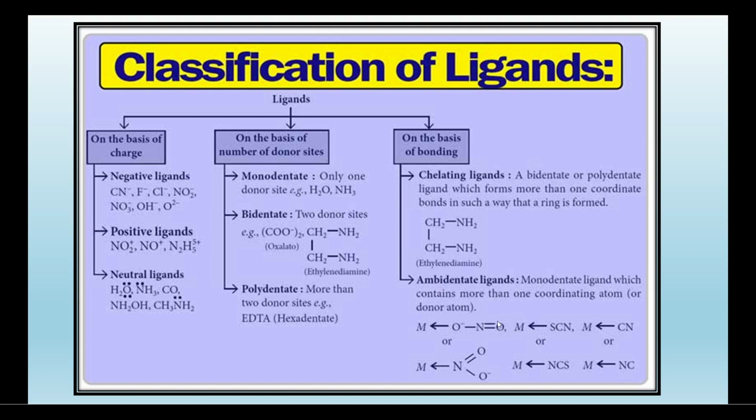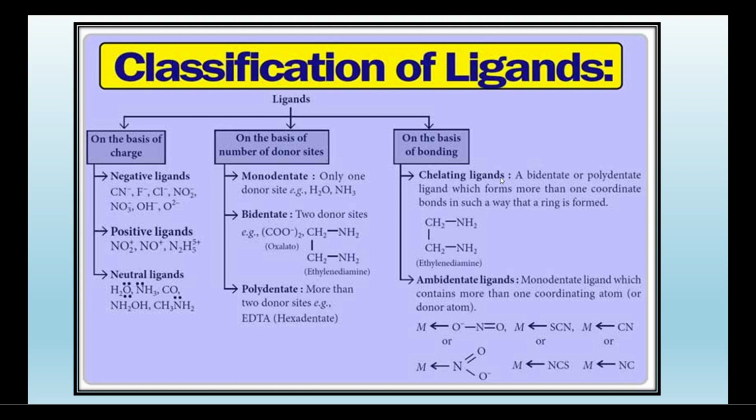Here the ambidentate ligand is one where the metal can be bound to the nitro group, and also thiocyanate and isothiocyanate, cyano, and nitrate. It is a monodentate ligand which contains more than one coordinating atom or donor atom.